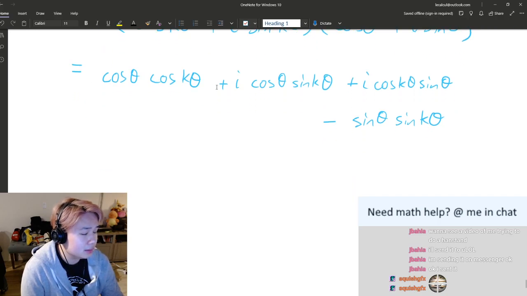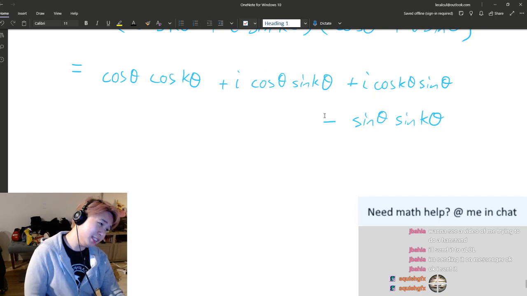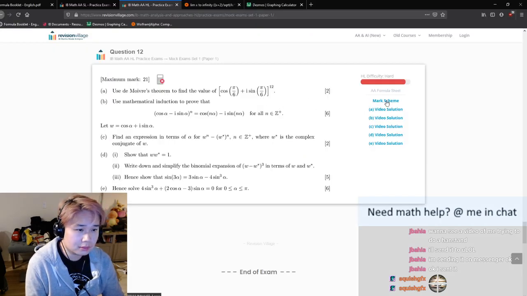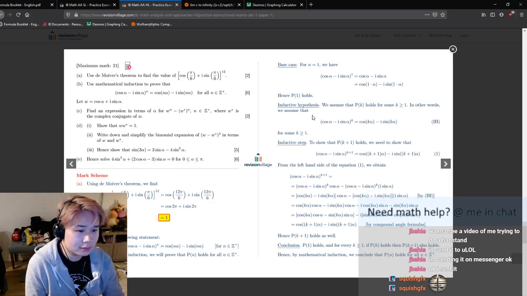And then, what, I would use some sort of trig identity? Okay, so then they're at the same step as me, and then they do compound angle formulas.